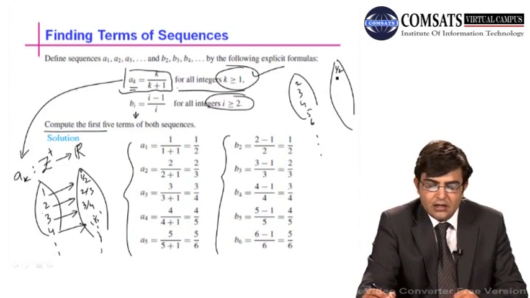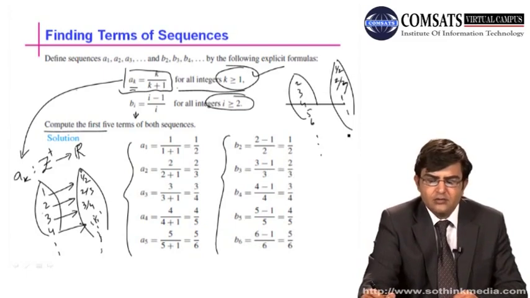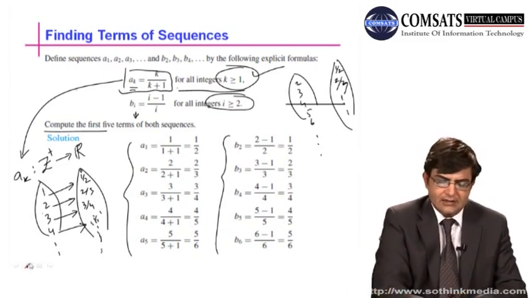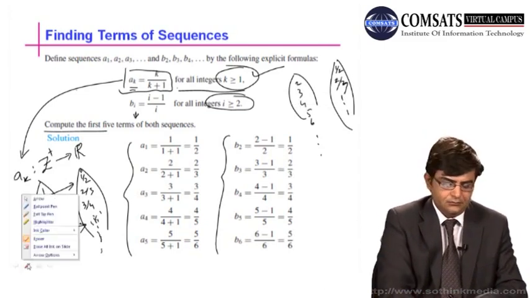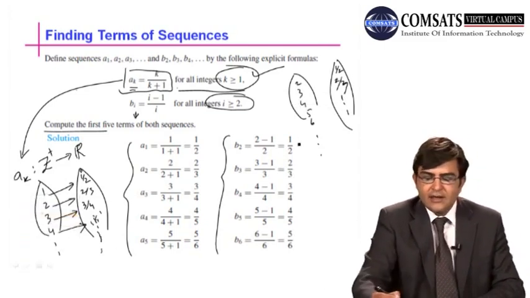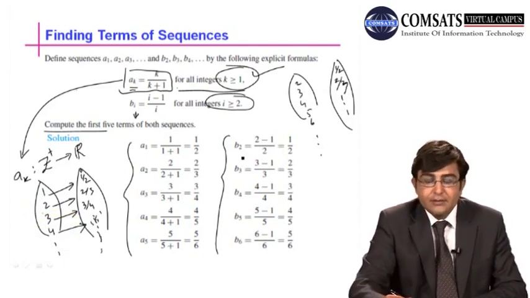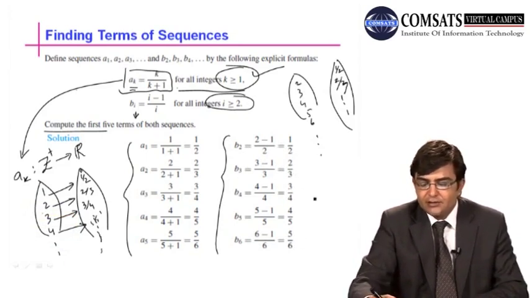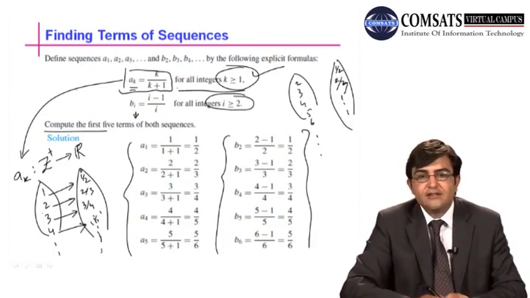Then if we put 3, we get 3 minus 1 by 3, which is 2 by 3, and so on. We can recover the first 5 terms of the sequence.